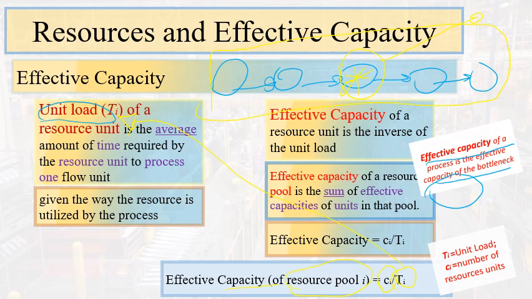Now, please do not confuse the unit load with what we've seen from the previous lecture on flow time. Flow time is different than the unit load. They're totally different things.